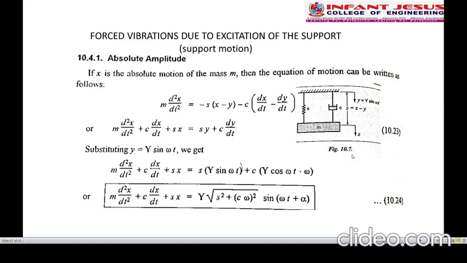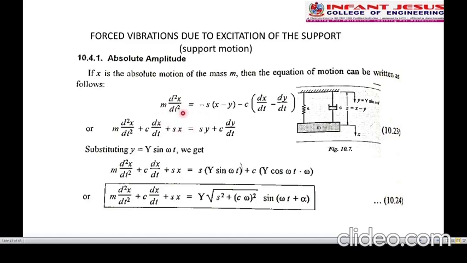Here, if x is the absolute motion of the mass, then the equation of motion can be written as follows. Here we consider all the forces acting, and we use Newton's second law of motion, that is, the inertia force plus the sum of all the external forces is equal to 0.